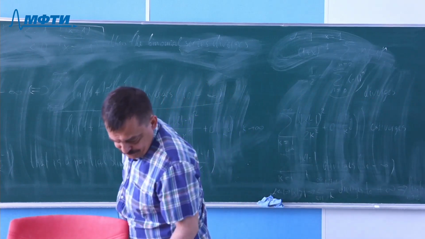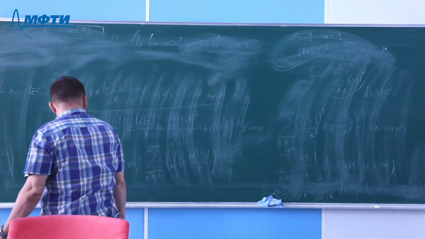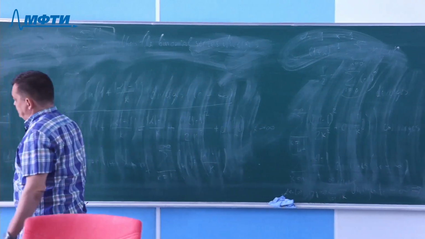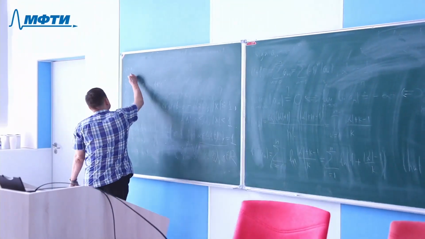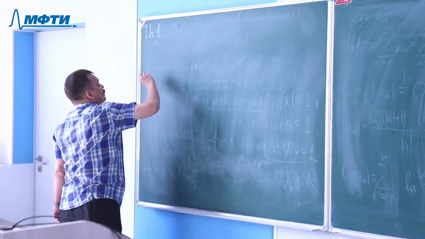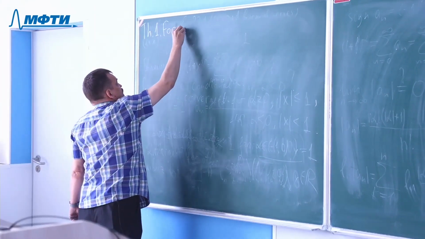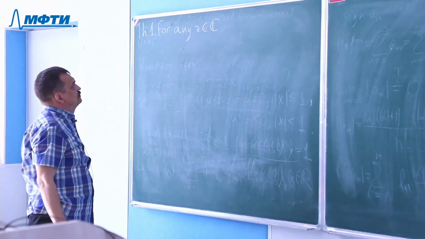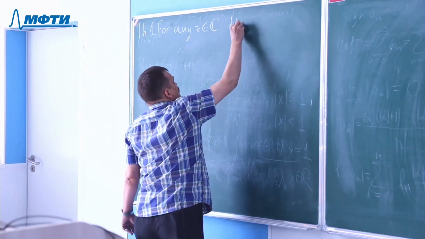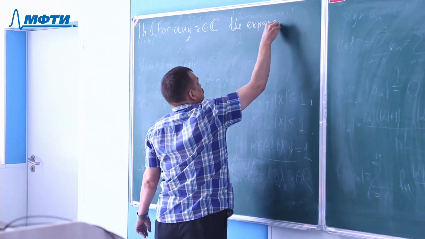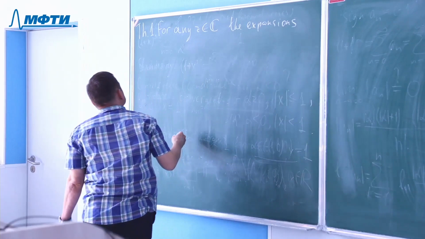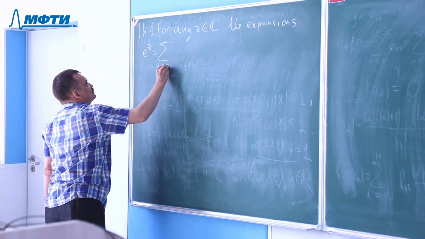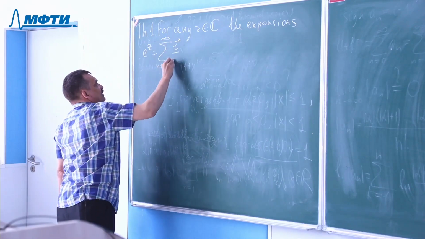Okay, now theorem 1 in this section. For any complex value of z, the expansions e to the power z equals sum n from 0 up to infinity z to the power n over n factorial.